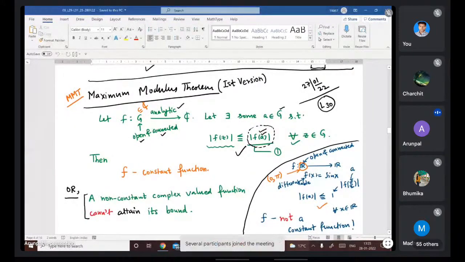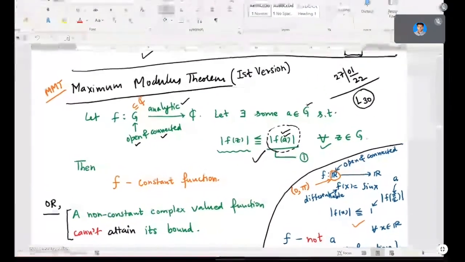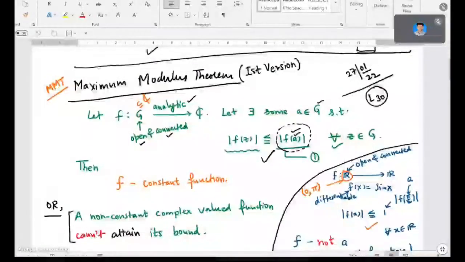So, class, before I start, let's have a close look at the statement of the maximum modulus theorem before I start with the second version of maximum modulus theorem. Class, you notice that here we were given the condition 1.